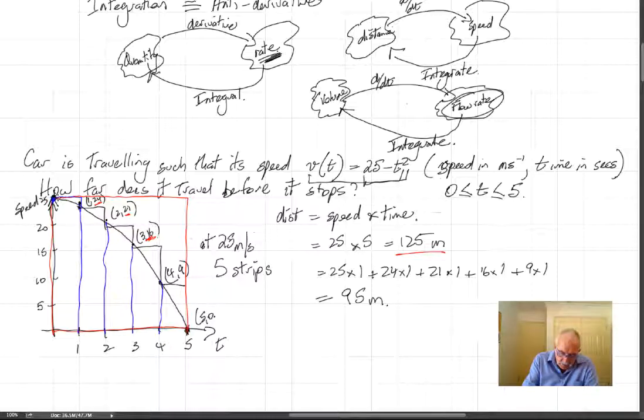Because we're going above the actual curve, maybe if I do it in another colour, it might stand out a bit more. Okay, so the curve's in green. Because we're working out the rectangles above the curve, these are called upper rectangles.